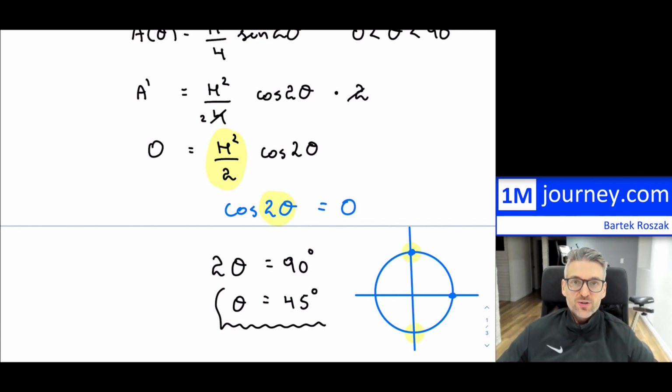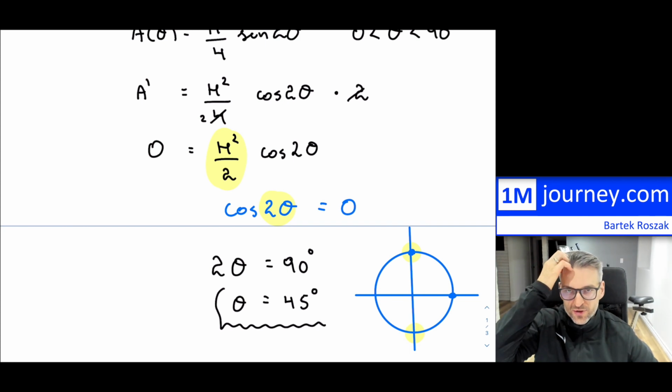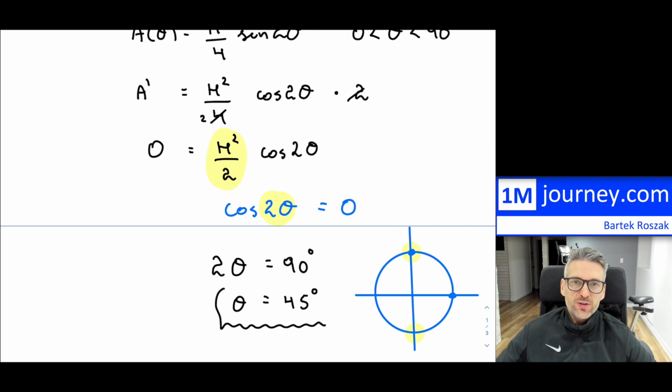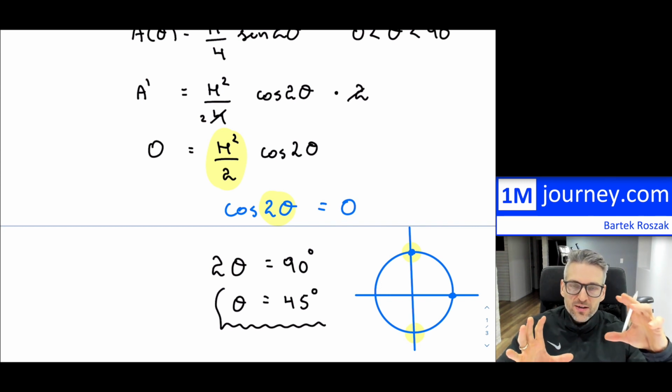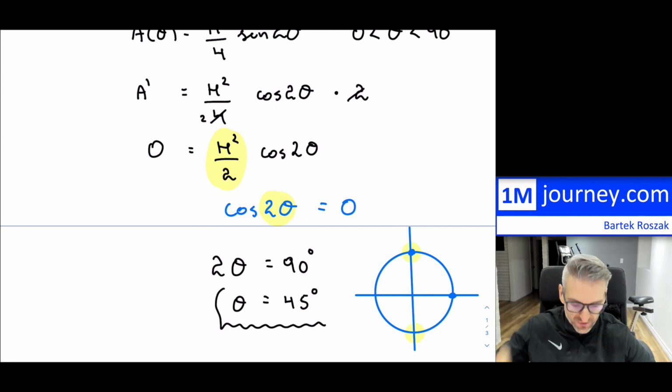Now, this shouldn't really surprise you because if you have a triangle and you're trying to maximize the area, it is going to be basically an isosceles kind of triangle. So you have 90 degrees, and then 45 degrees.